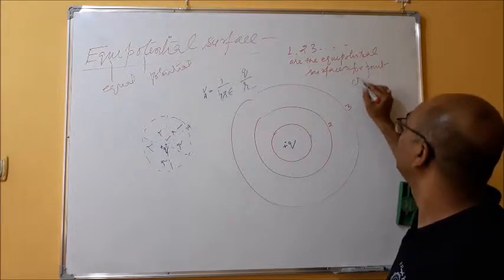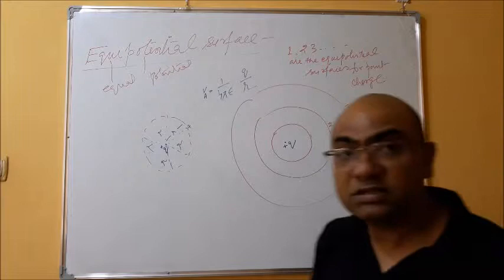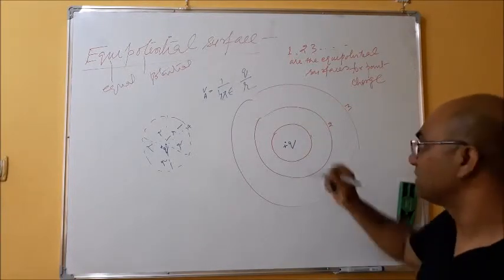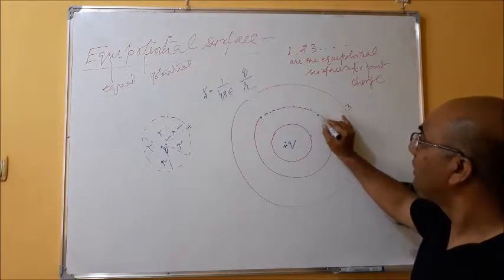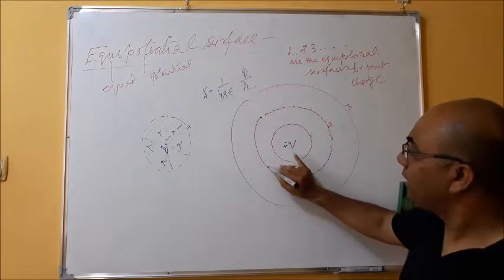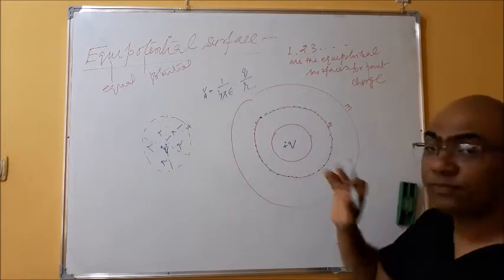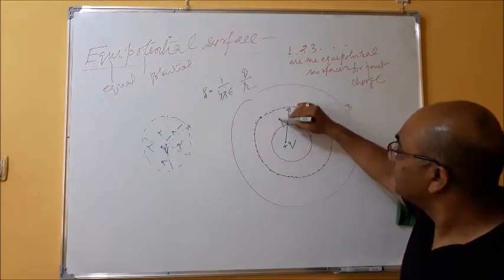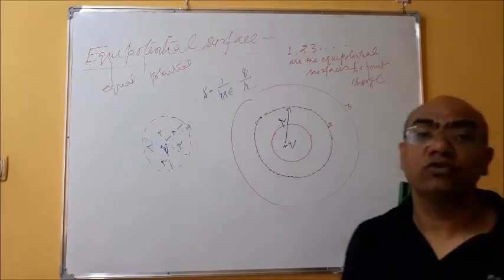This means if I move on any one circle, it does not matter at what point I am, the value of potential at each and every point on this circle will remain the same, because the distance is always the same and the formula is 1 upon 4 pi epsilon, q by r.